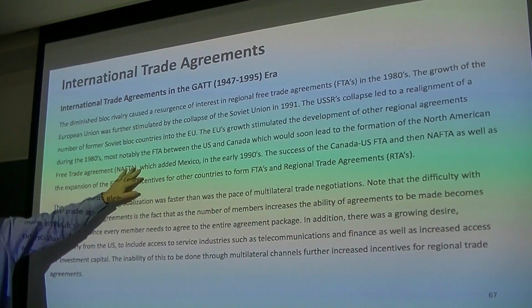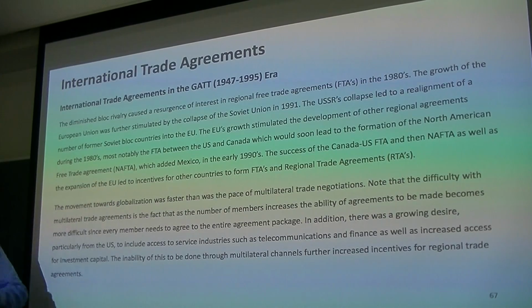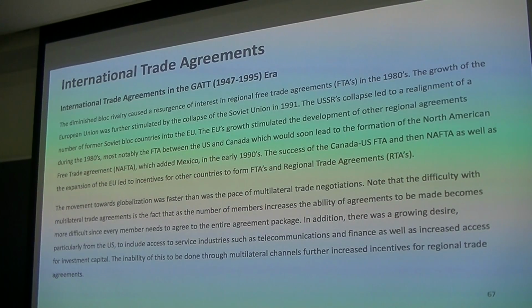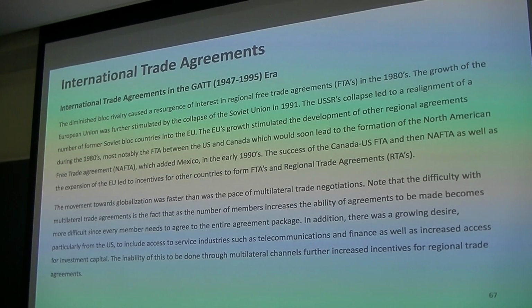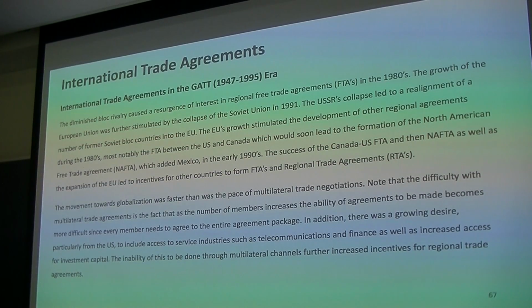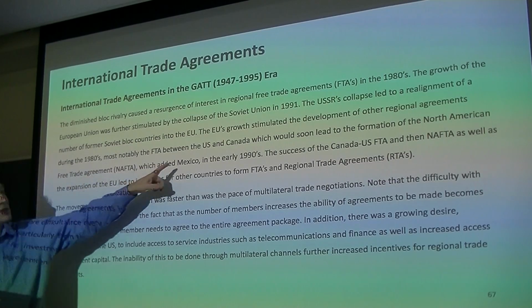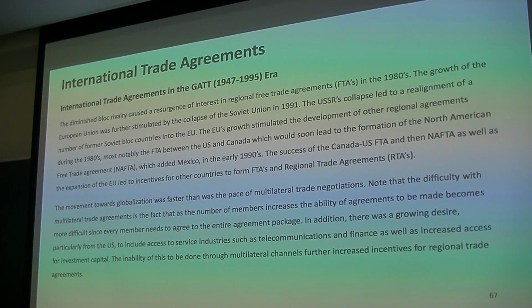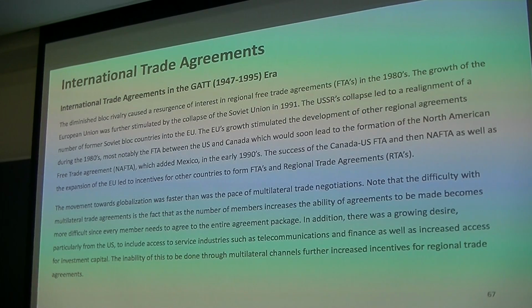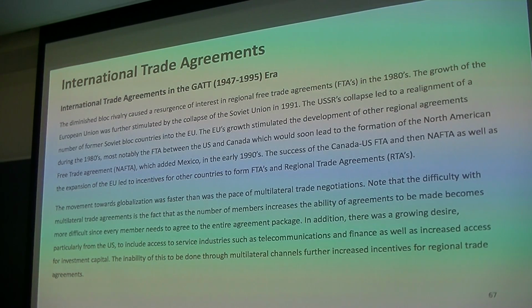So the EU stimulated growth in trade agreements that were either bilateral or regional. The most important one was initially the free trade agreement of the US and Canada, which would then involve the creation of the North American Free Trade Agreement, NAFTA, in the early 1990s.